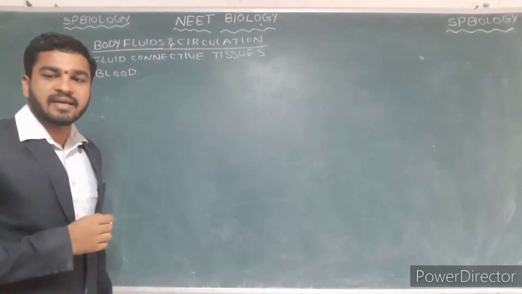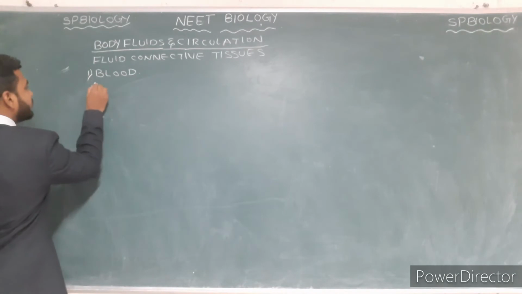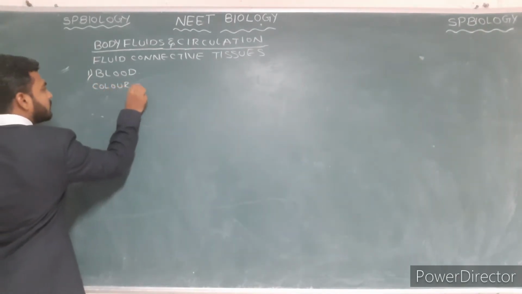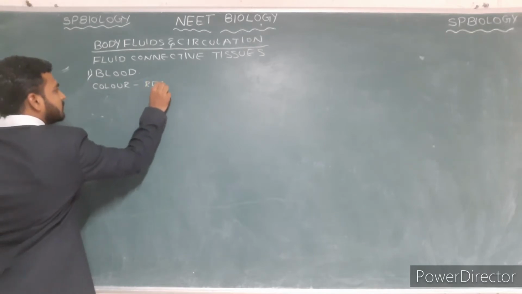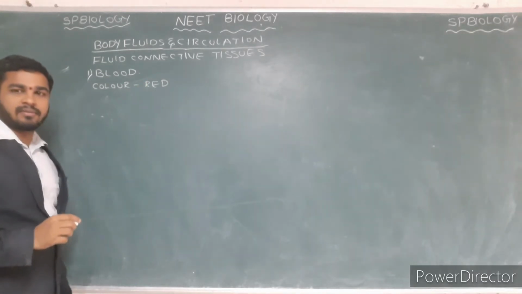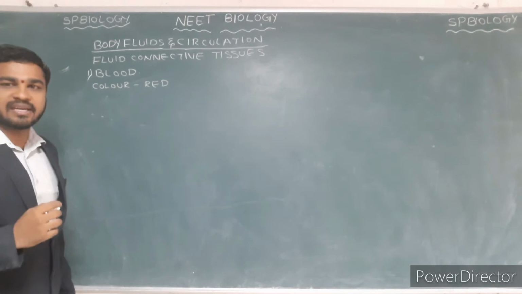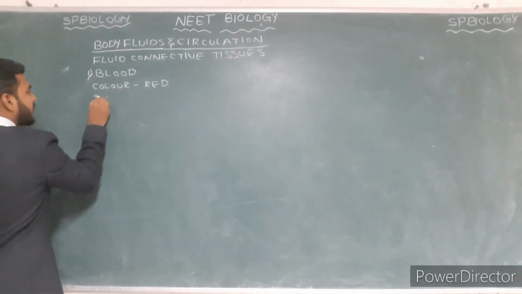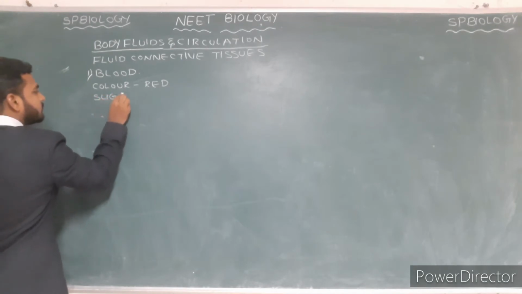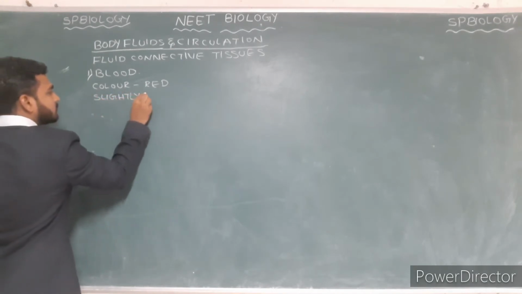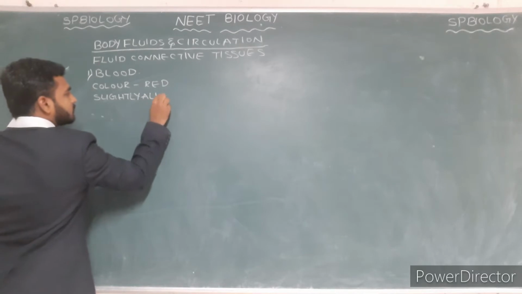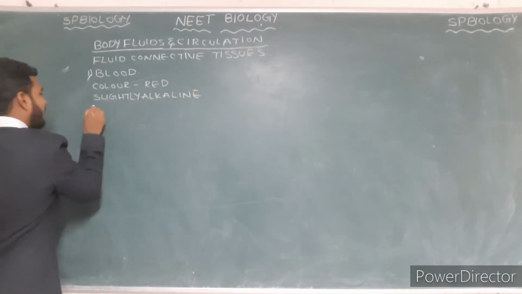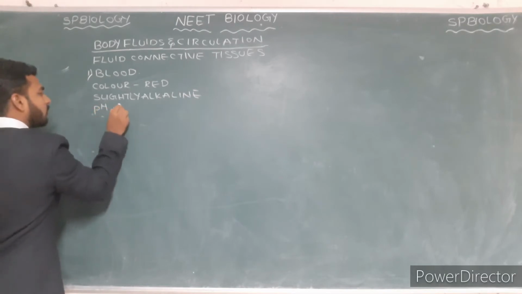The color of blood is red. It is opaque in nature and slightly alkaline, which means the pH is 7.4.